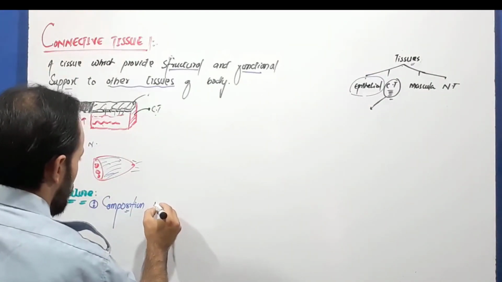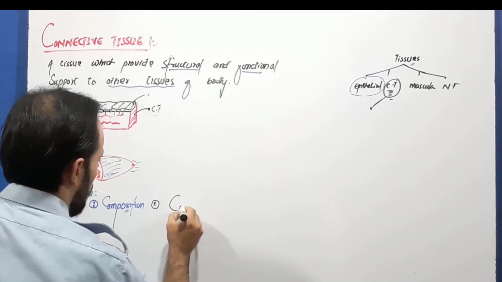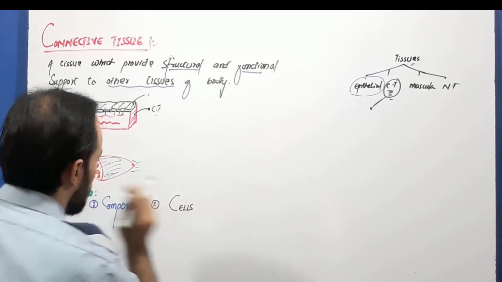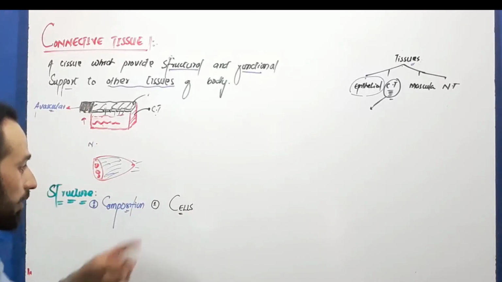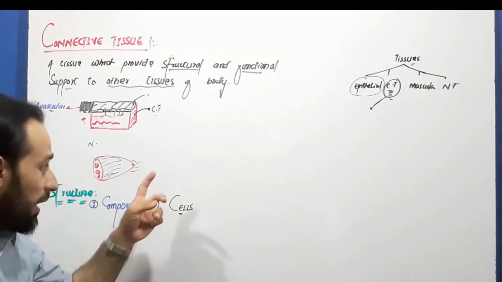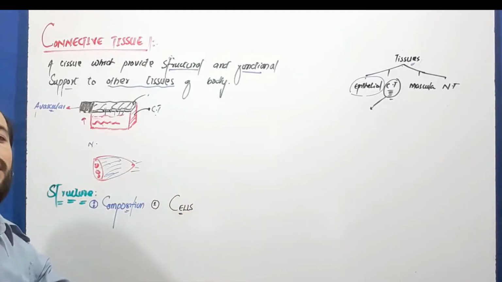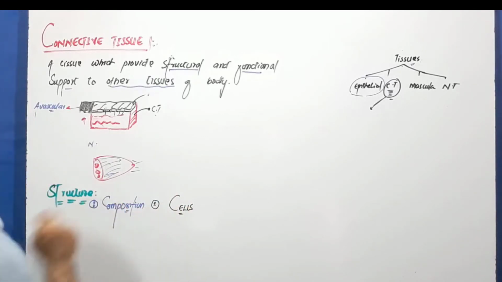The first is that if it's a tissue, it must have cells. So there are cells present in connective tissue, and in the next lecture I will discuss every cell in detail. For now we just want to know about the composition.